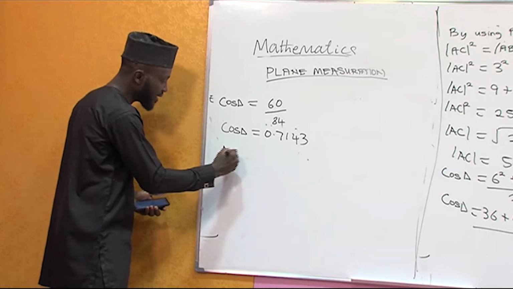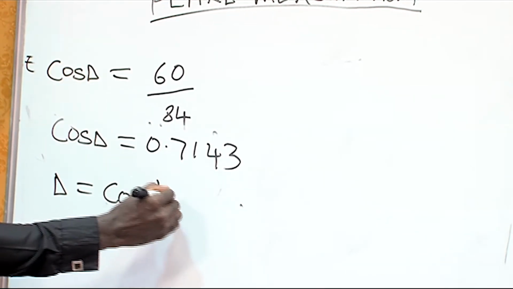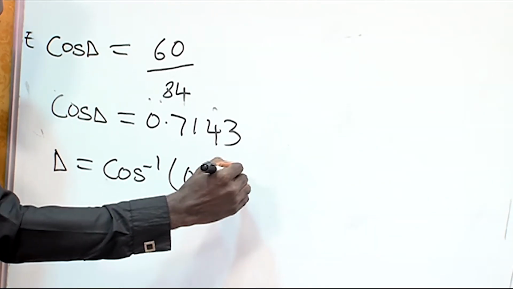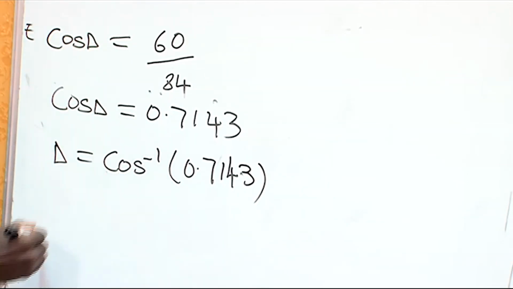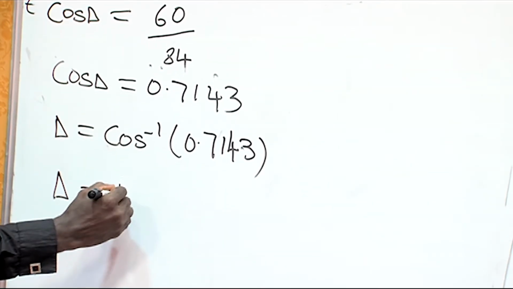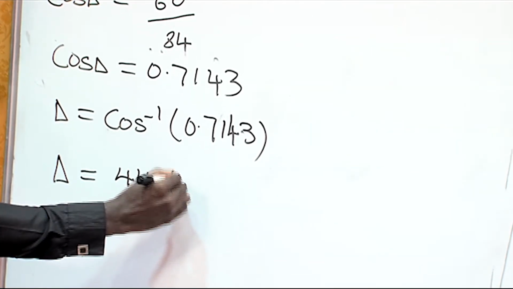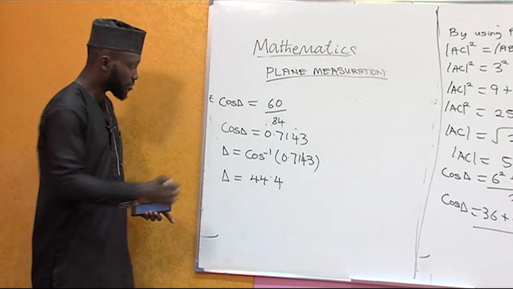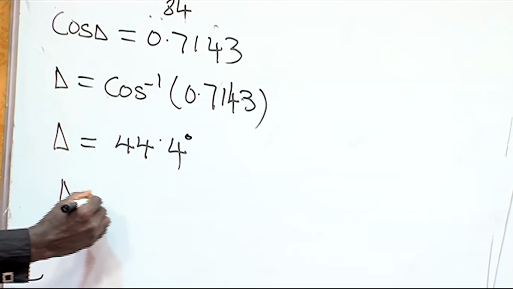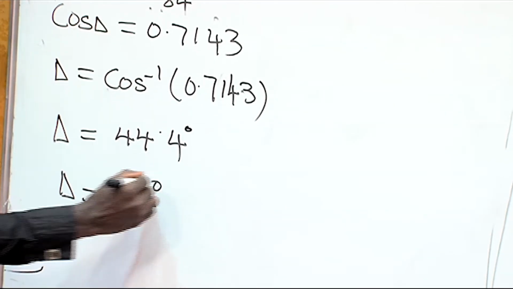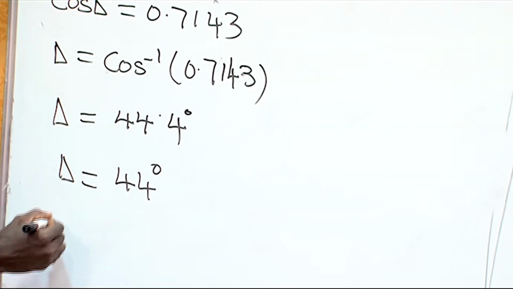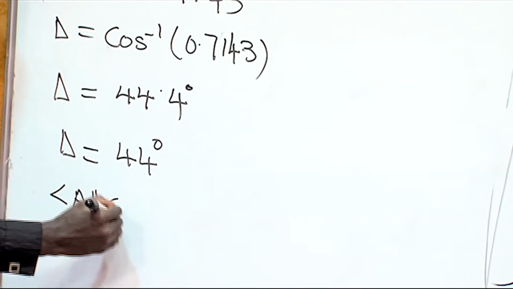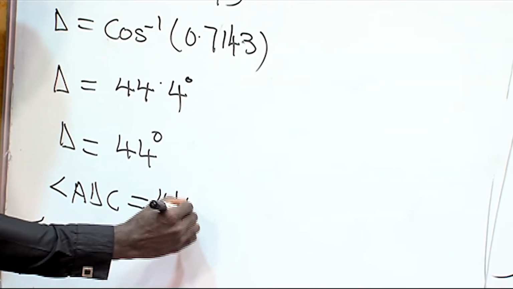So at the end, I will have my D to be equals to 44.4. But remember in the question, we are asked to correct this to the nearest degree. So my D is now going to be 44 degrees. Which means angle ADC is equals to 44 degrees.